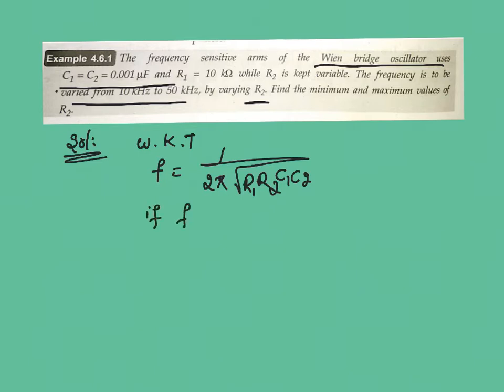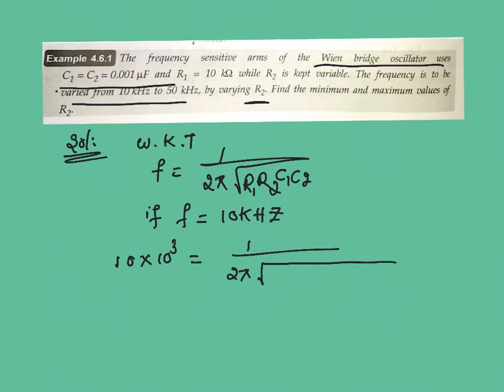If frequency equal to 10 kHz is substituted, then 10 into 10 cube is equal to 1 by 2 pi square root of R1, 10 into 10 cube, into R2, C1 and C2 both are equal, 0.01 micro square.